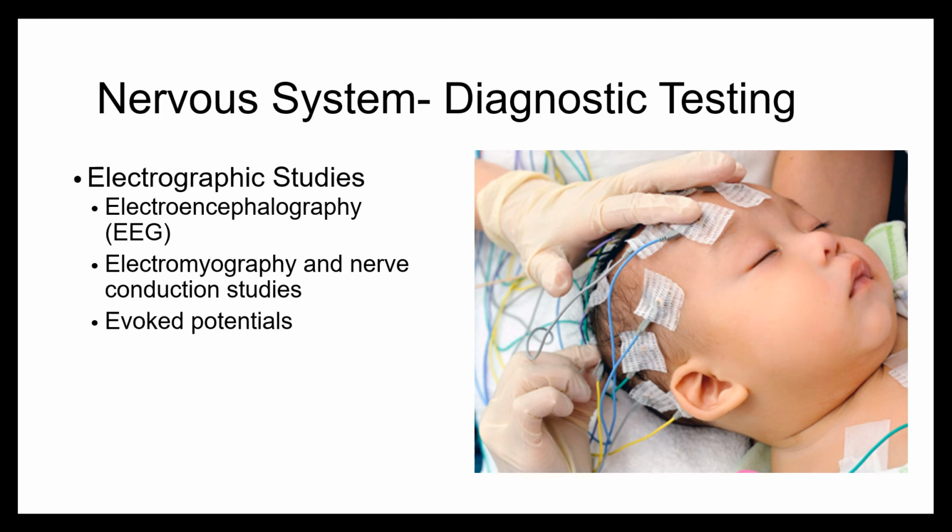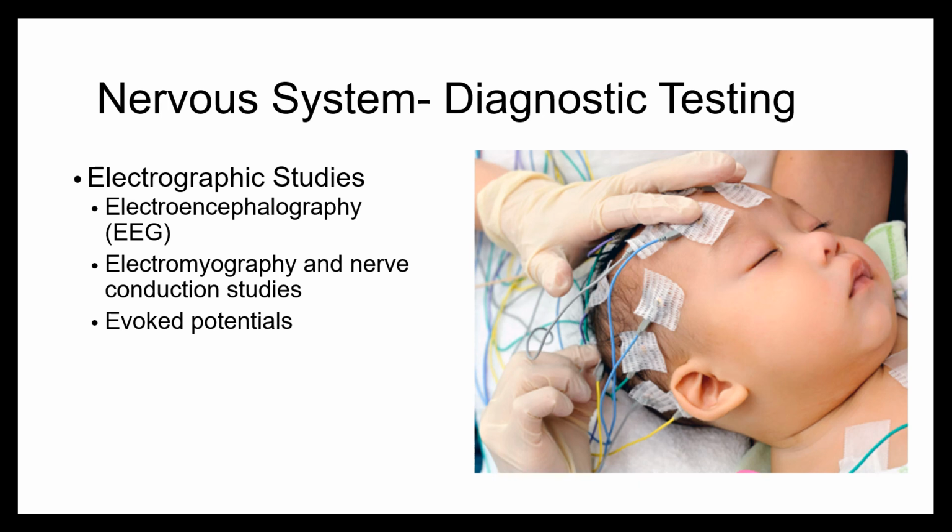So when both tests are done, it can help a practitioner determine if a patient is having specific symptoms of, say, poor muscle contractility or poor coordination or weakness. It can help them determine whether it is a musculoskeletal problem, meaning the muscles aren't receiving the signals correctly, or is it a neurological problem, which is what the nerve conduction portion of the test does, to say, okay, is it a problem where the nerves aren't sending the impulses correctly?